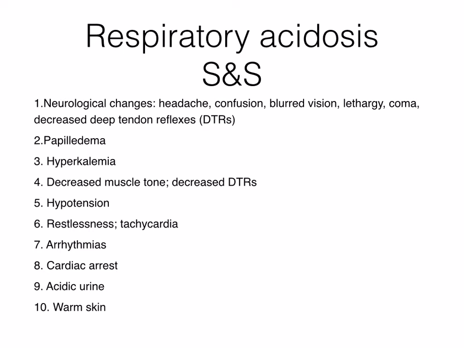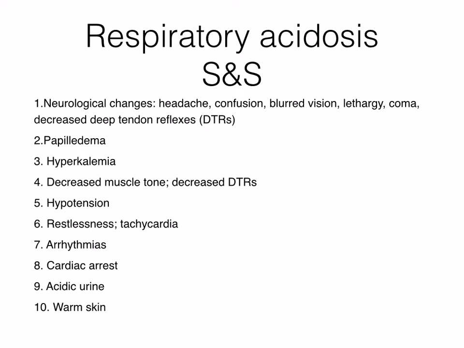And now the blood is less acid. However, potassium does not want to live with hydrogen inside the cell. So potassium moves into the bloodstream, causing the serum potassium to go up. So hyperkalemia is one of the signs and symptoms of respiratory acidosis.